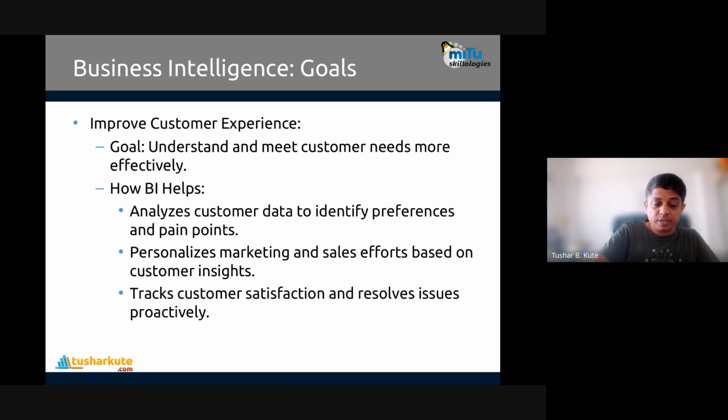For each customer, different offers are given, or different marketing strategies are applied for them to grow. And last one, track customer satisfaction and resolve issues proactively every time. If customer problems are solved on time, they will be satisfied and their experience improves.